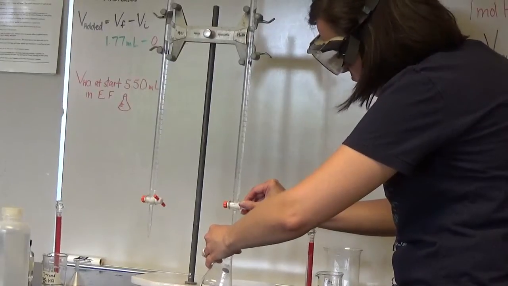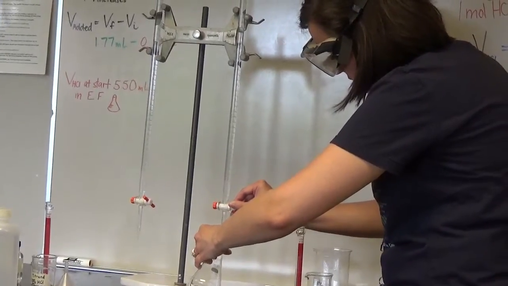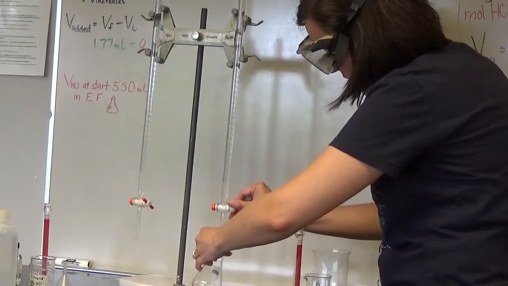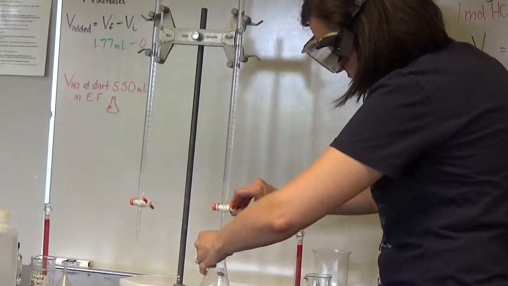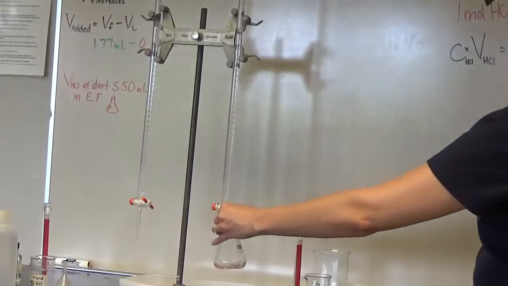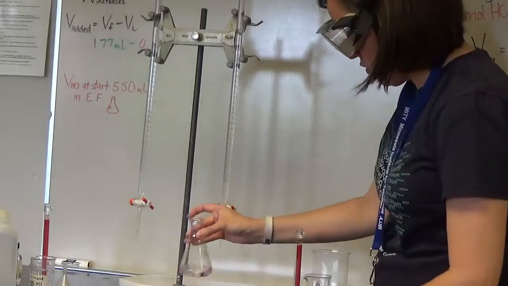I would record the total amounts of NaOH and HCl that I started with and that I ended with, and I would use those for my calculations of my volume HCl, volume NaOH.